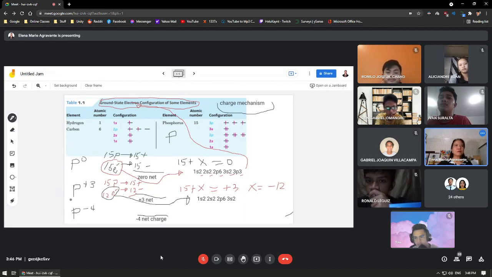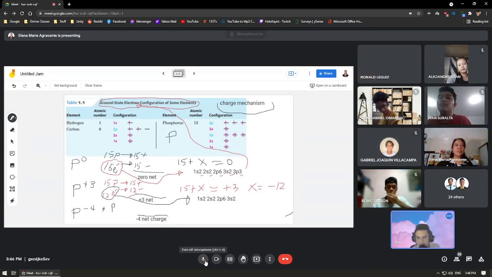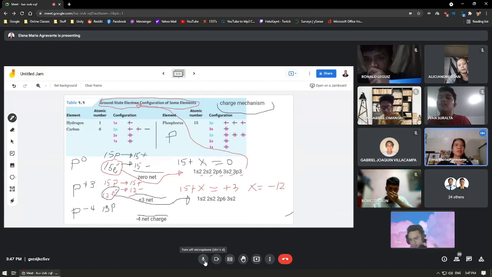Now, how many protons? 15. Notice, all of them have 15 protons. Why? I said the protons are not involved in reactions. They stay intact inside.